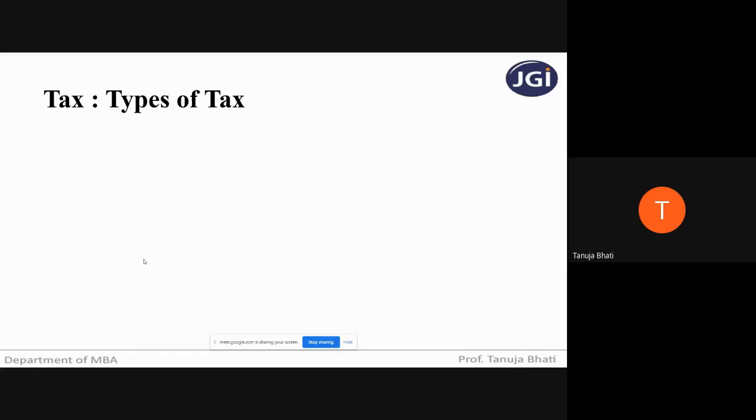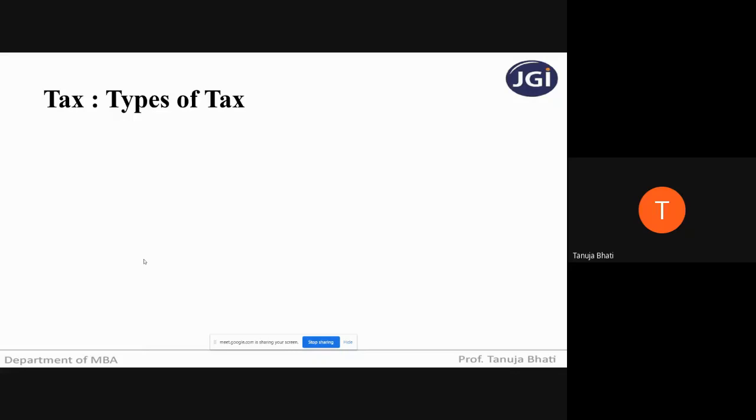So tax is an amount or a financial charge that is collected by the government from the persons. Now, this amount is collected by the government in two different categories. When the government directly collects the tax from the persons, it is called direct tax.